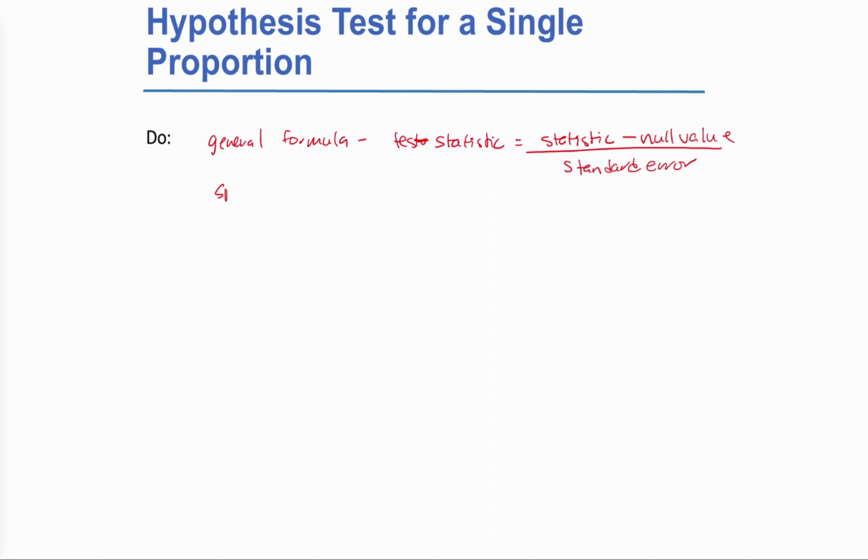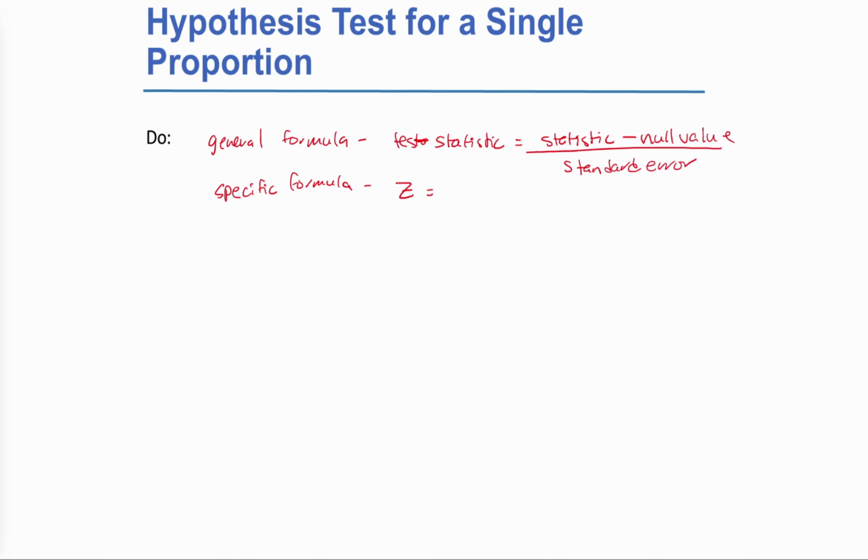Our specific formula for a proportion: our test statistic is z. If it's for a mean, our test statistic is t instead, but for a proportion, it's z.